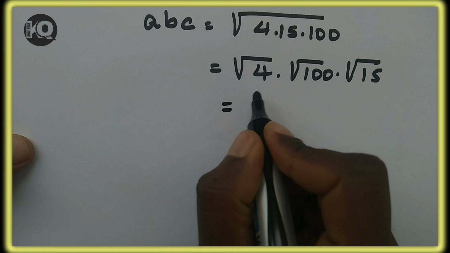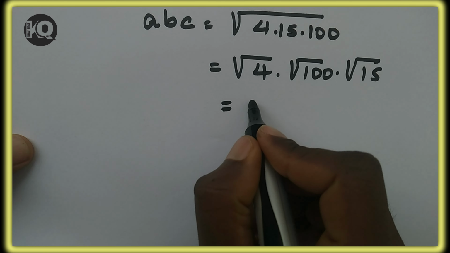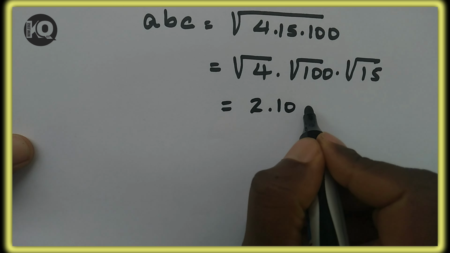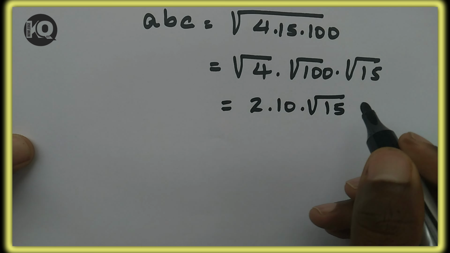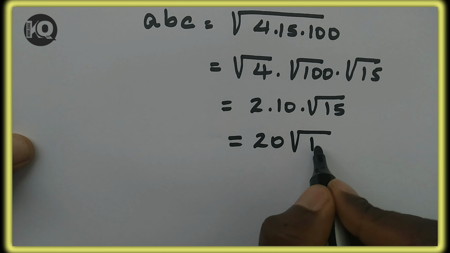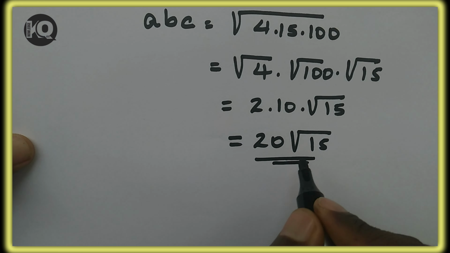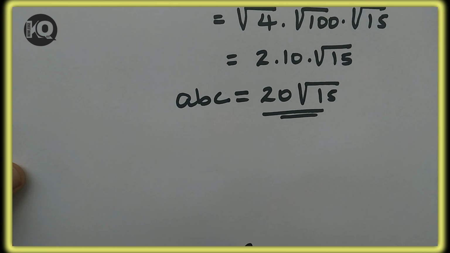So it will be 2 and it will be 10. So 2 times 10 times square root of 15. Finally, 20 square root of 15 will be A times B times C.